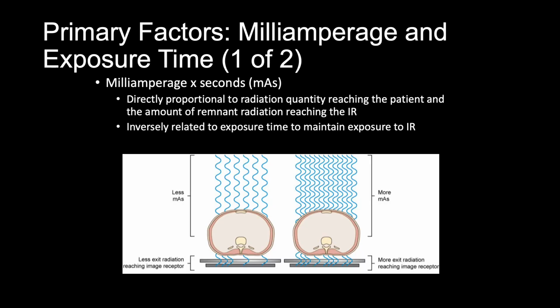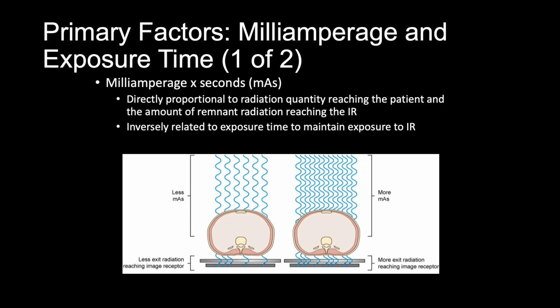The quantity of radiation reaching the patient affects the amount of remnant radiation reaching the IR. The product of milliamperage and exposure time has a direct proportional relationship with the quantity of X-rays produced. And we know that milliamperage times seconds gives us our mAs. Once the anatomic part is adequately penetrated, as the quantity of X-rays is increased, the exposure to the IR proportionally increases.